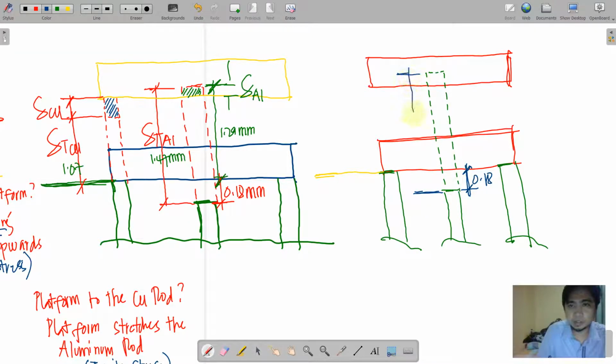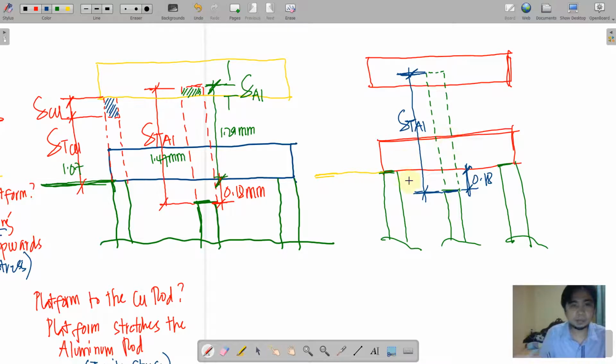From the top of the aluminum rod, the final position, up to the top of the initial position, of course, this is delta T of the aluminum rod.